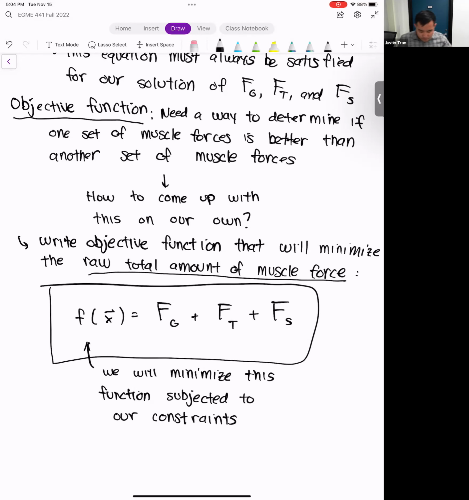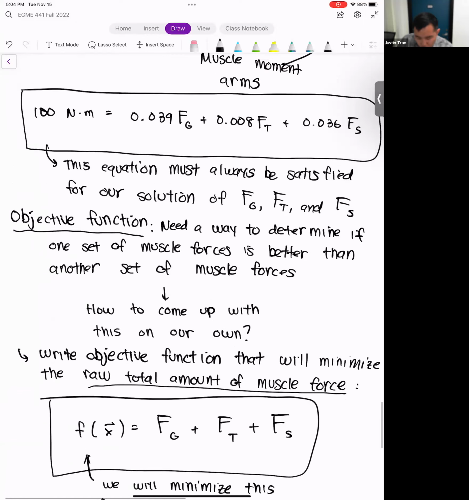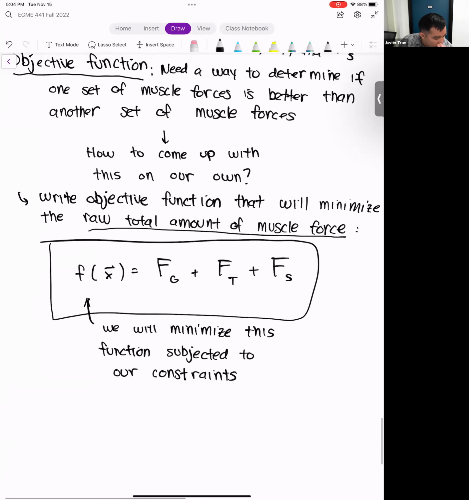Okay. All right, so now that we have all three things defined, and so we have our design variables, we have our constraint, we have our objective function, now it's time to start guessing. Okay.